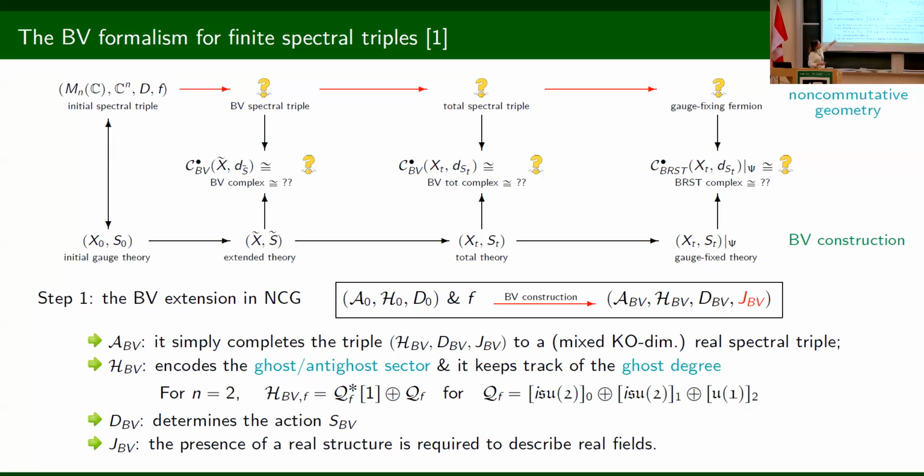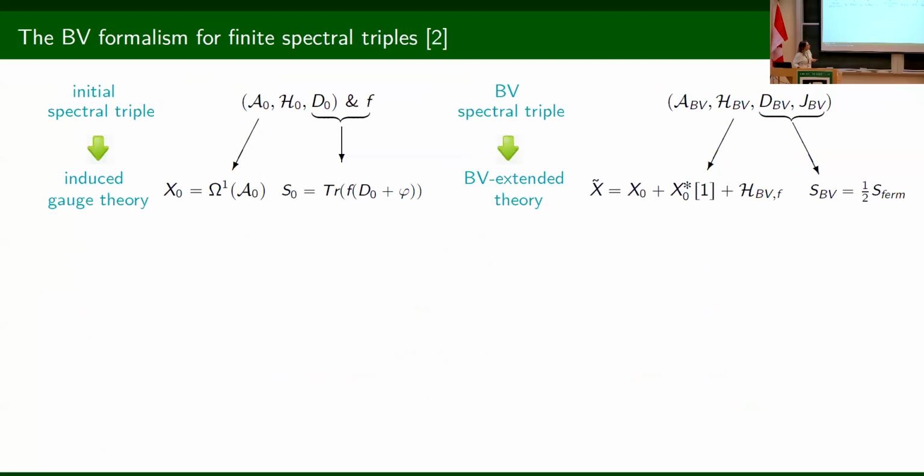I'm just showing you how it looked for a very tiny model. And then the operator D, the new self-adjoint operator for the new BV spectral triple, is what contains these extra correction terms in your action functional. And as I said, the J is what is needed to go back to real fields.